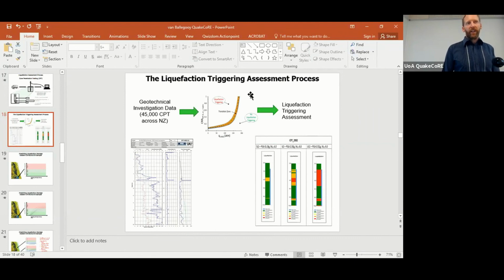Whether or not the simplified procedures are appropriate, there is no commentary on that. The industry standard is to apply the simplified procedures everywhere. There is no different method for fine grain material or silts or for sands or gravels.